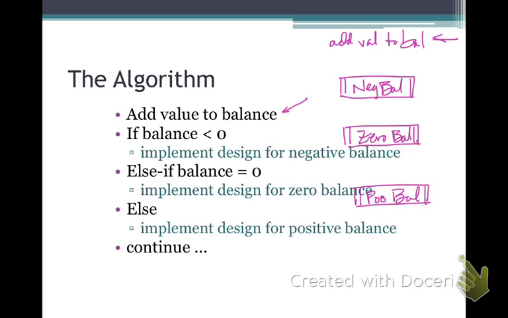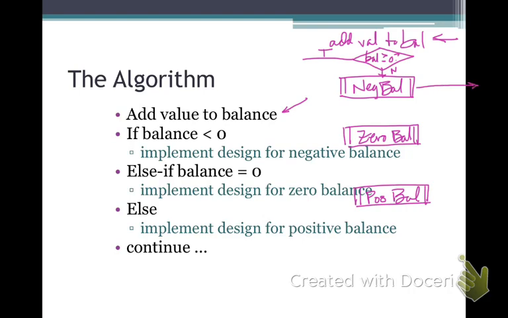So I'm going to draw a decision box and say, is balance greater than or equals 0? If this is true, I want to go somewhere else. Only if this fails do I want to execute the negative balance. If I execute the negative balance, then I really don't want to execute anything else. So let's go out here.